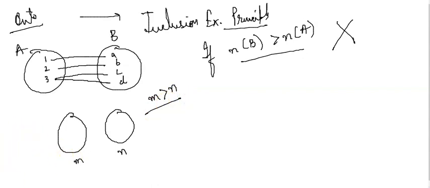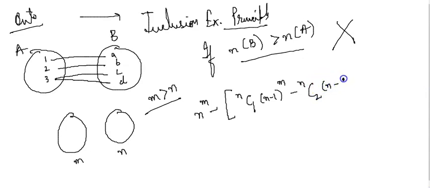We have to use the inclusion exclusion principle. And how can we do that? The total number of functions is n to the power m, and we have to eliminate all into functions. And what are into functions? That will be nC1 into (n minus 1) to the power m, minus nC2 into (n minus 2) to the power m, plus nC3 into (n minus 3) to the power m, and so on.